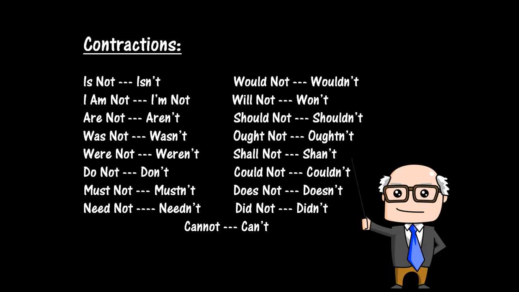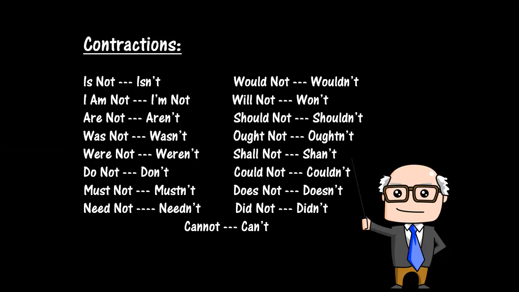Would not, wouldn't. Will not, won't. Should not, shouldn't. Ought not, oughtn't. Shall not, shan't. Could not, couldn't. Does not, doesn't. Did not, didn't. And cannot, can't. Like this, we use contractions. You have to learn this because we use contractions in the question tags.